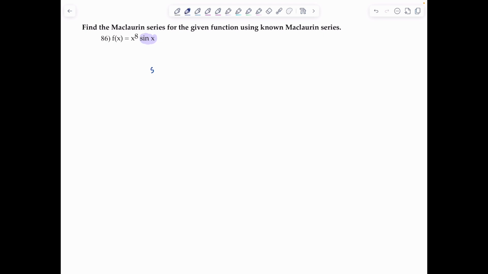So in case you don't have it memorized, let me rewrite it. Sine of x is the sum, n equals 0 to infinity, of negative 1 to the n times x to the 2n plus 1 over 2n plus 1 factorial. Now, let me manipulate this until it matches f of x. And there's only really one thing I need to do, namely multiply by x to the 8th on both sides. Then I'm just going to simplify, and I can add my exponents together.